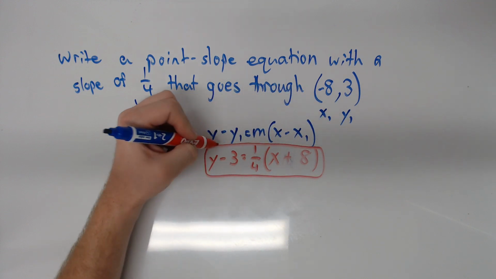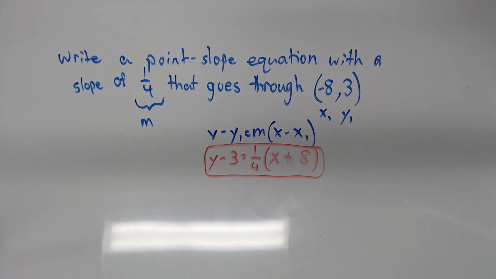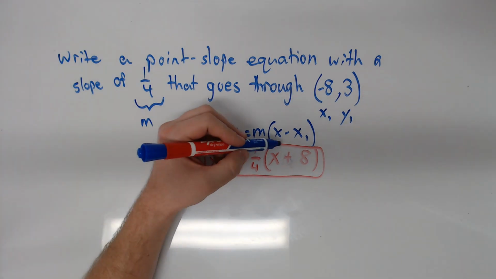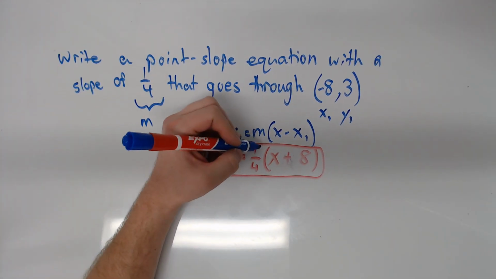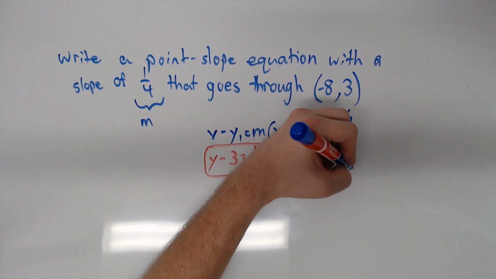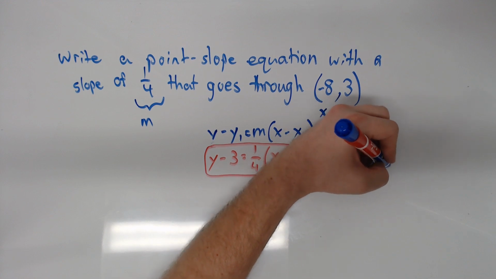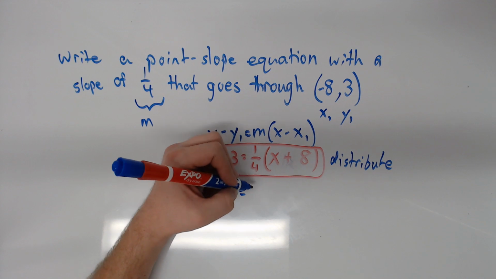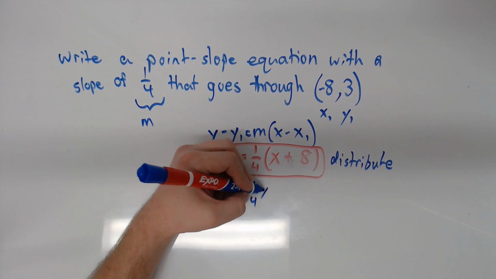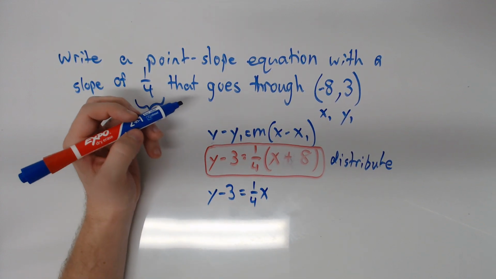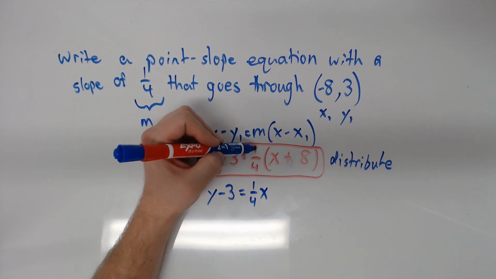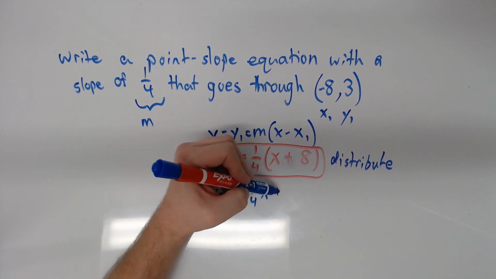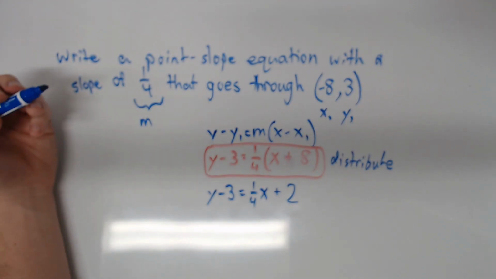Now, for argument's sake, because I know mx plus b is a little easier to look at, let's do the math to get it there. Distributing will always be the first step in this process. 1/4 times x is just 1/4 x. 1/4 times 8. 8 times 1 is 8, divided by 4 is 2. Remember my little strategy there.